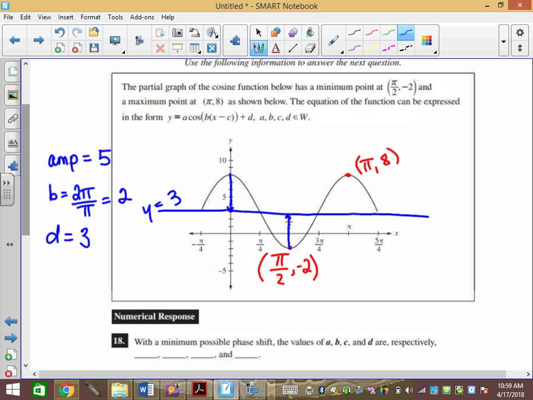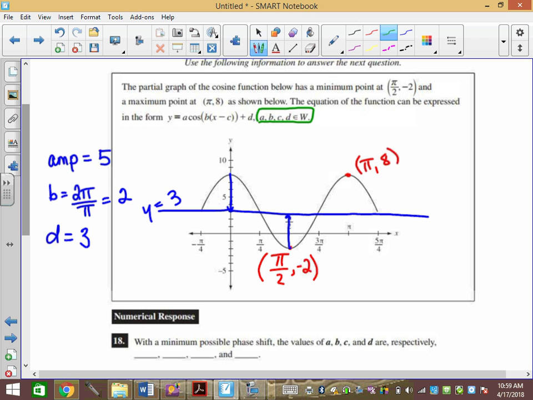They want the minimum possible phase shift. Now, this is the catch. It says A, B, C, D are an element of the W, the whole numbers. Whole numbers start with the number that has a hole in it, 0. They start at 0 and work their way to positives.